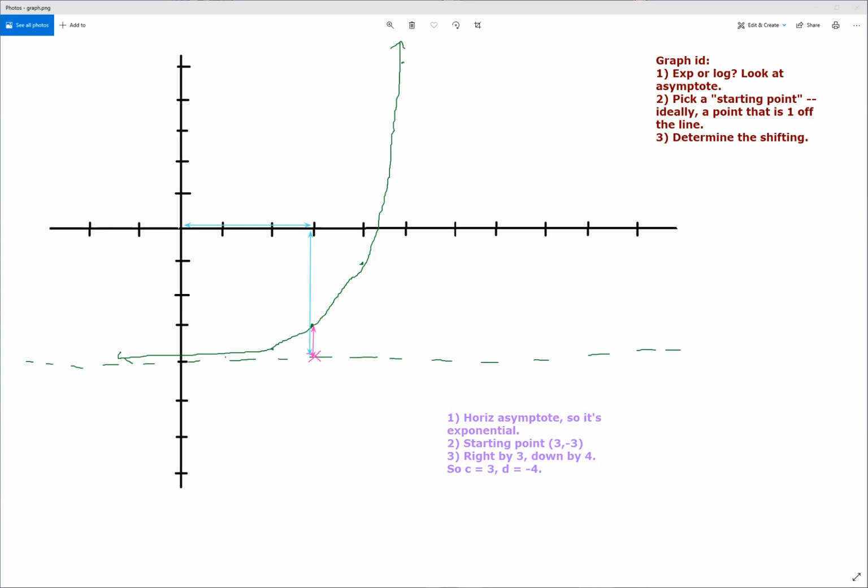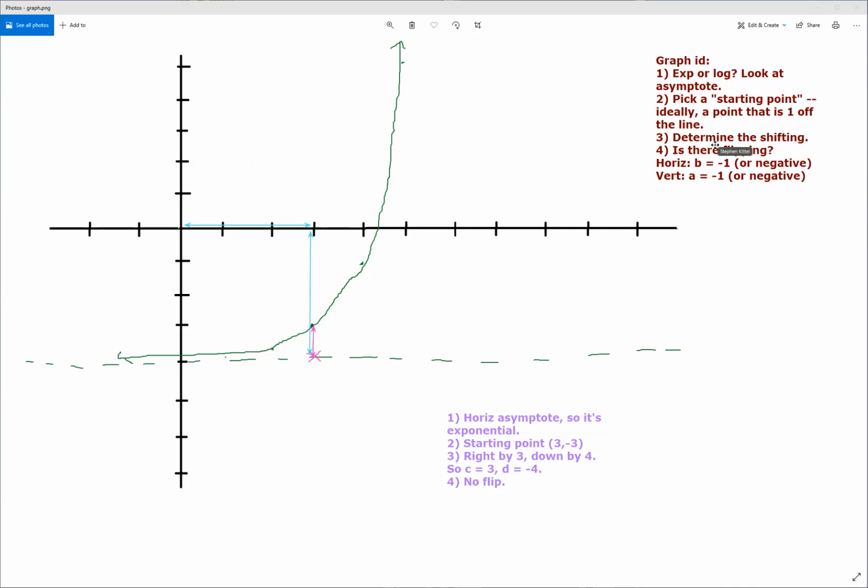Okay, and then we need to ask, is there flipping? Horizontal will lead to b is -1. Vertical will lead to a is -1, or just negative in general. It could be a negative something else if we also have a stretch in addition to a flip. In this case, there's no flip.